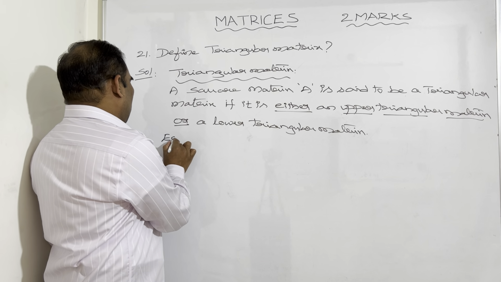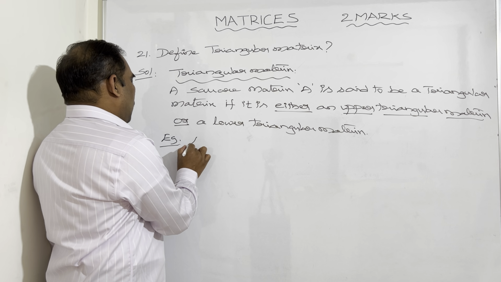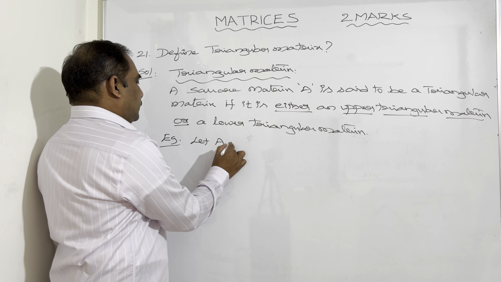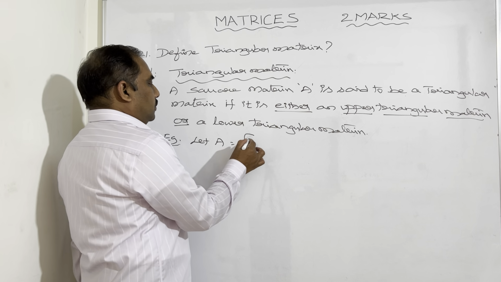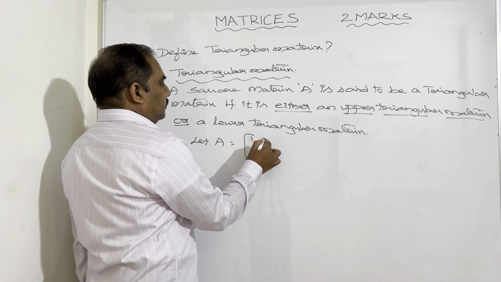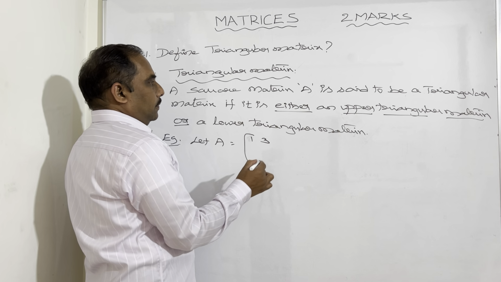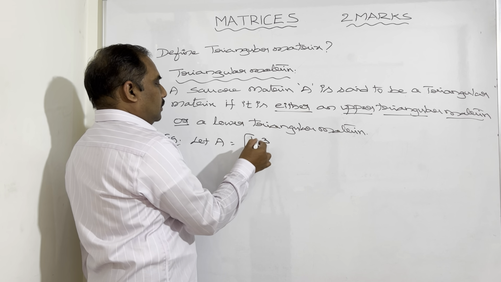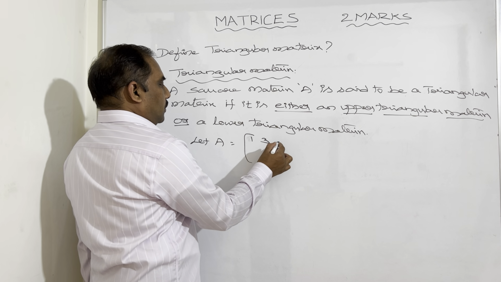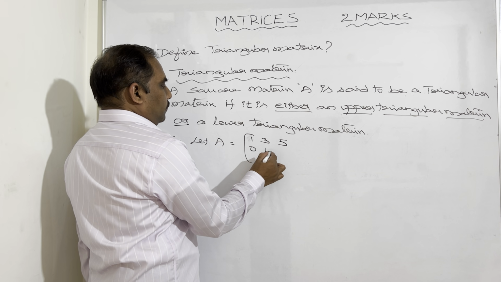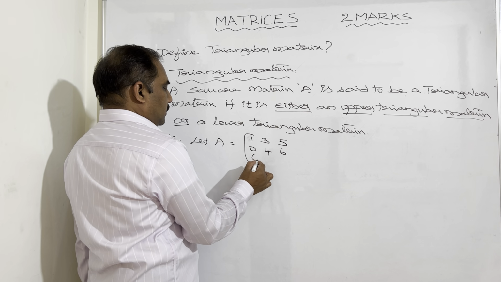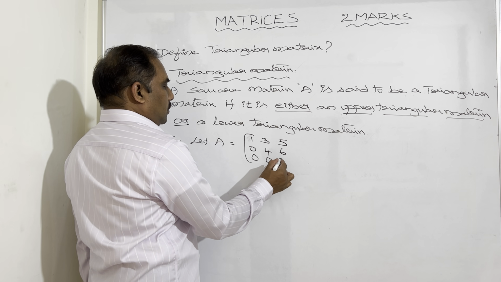For example, let A be the matrix with rows 1, 3, 1; 0, 4, 6; 0, 0, 7.